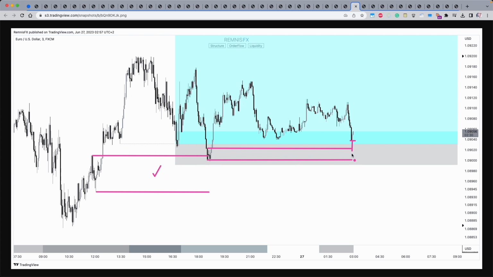This one, you know, yes, no, one could say, yeah, it retested that area and created efficiency, but from my experience, whenever this happens, price tends to come back to actually close within that area instead of just kissing it.